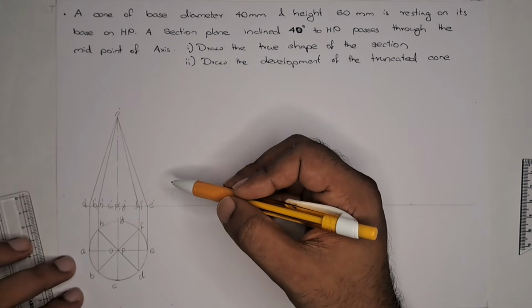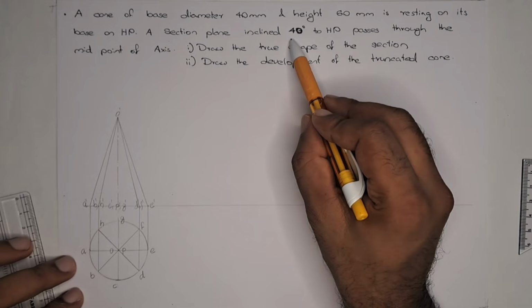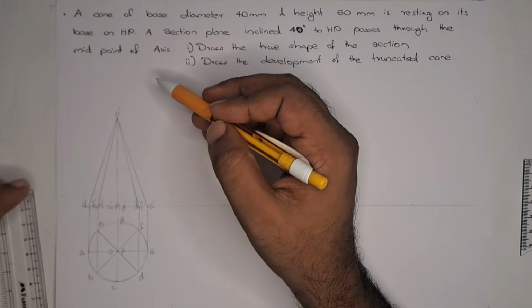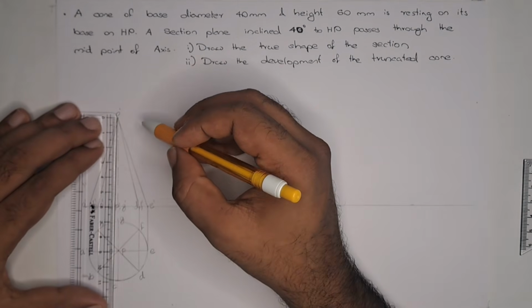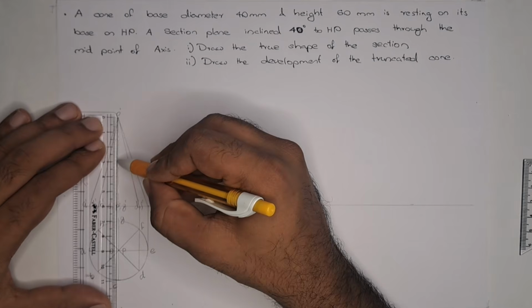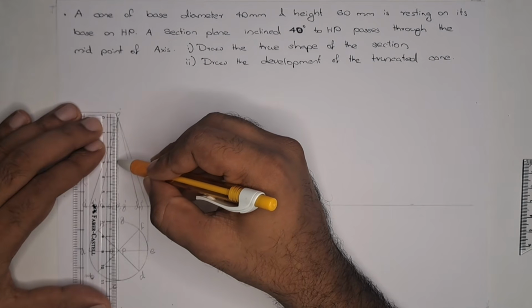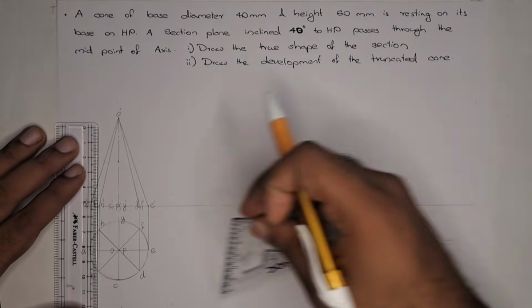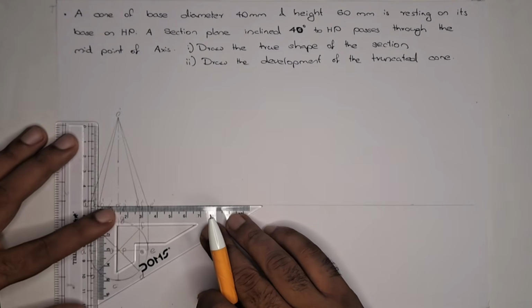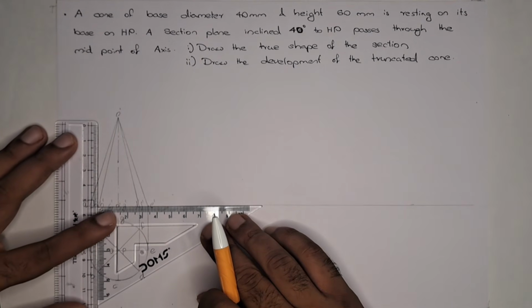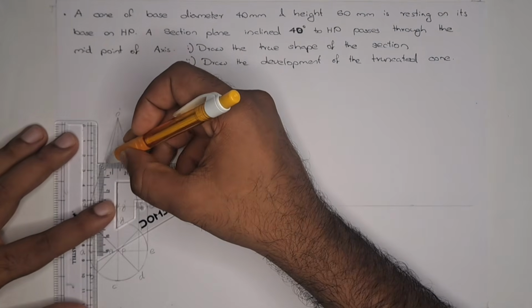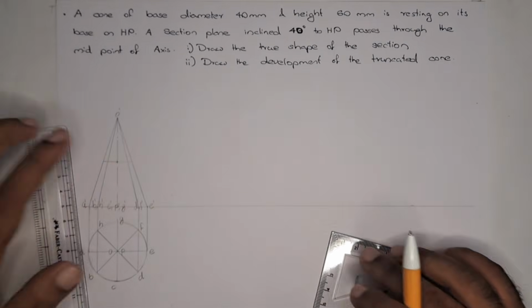Now we have to mark the section plane, which is inclined 40 degrees to HP and passes through the midpoint of the axis. So we take the midpoint over here. We draw a line passing through the midpoint. This is our reference line.